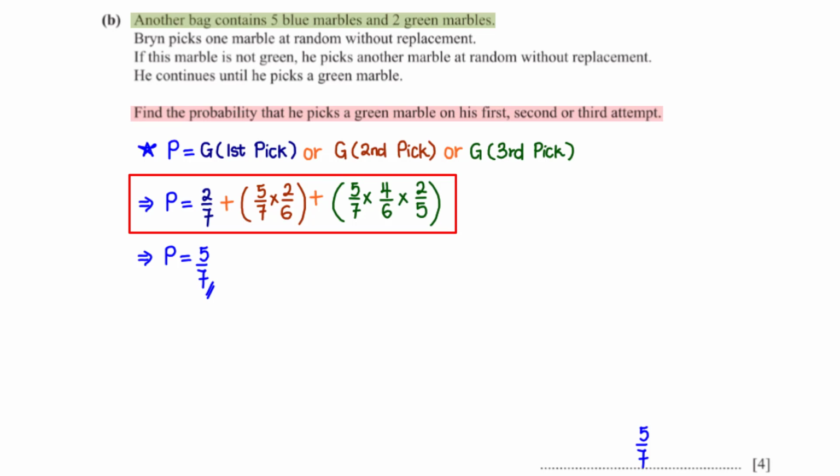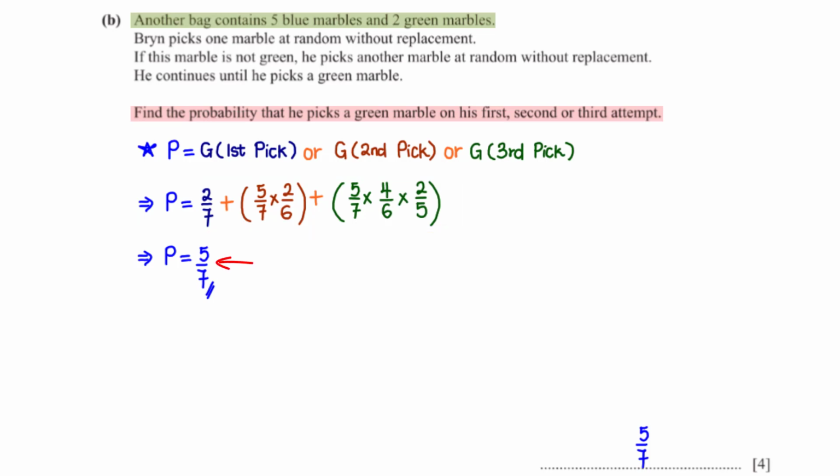For the third scenario, the probability that he takes out a blue marble on the first pick is 5/7. Without replacement, the probability that he takes out a blue marble on the second pick is 4/6. Without replacement, the probability that he now takes out a green marble is 2/5. When we type this into the calculator, we get 5/7.